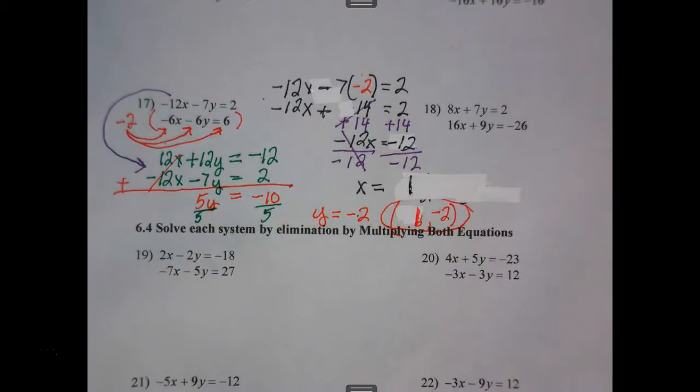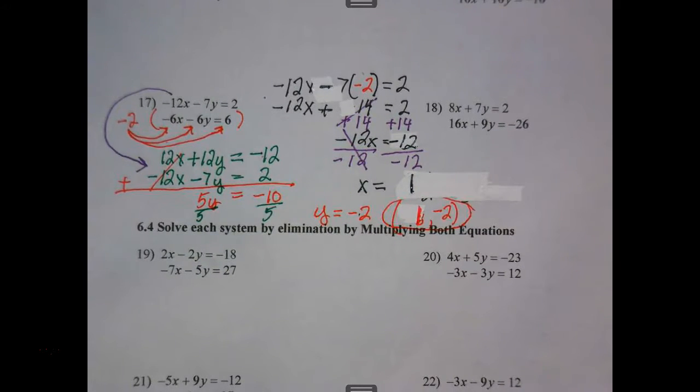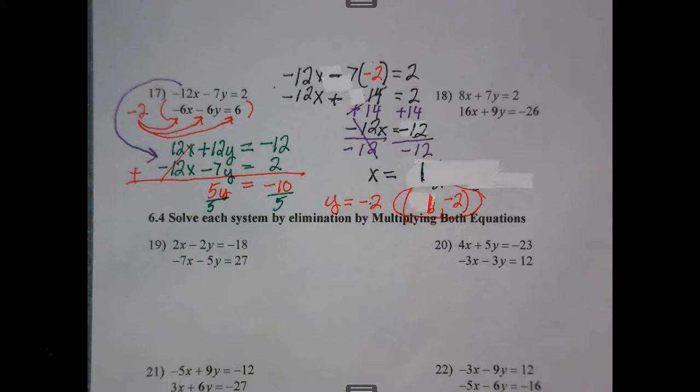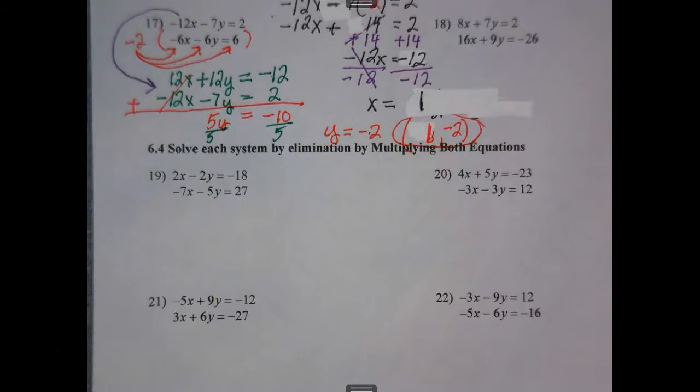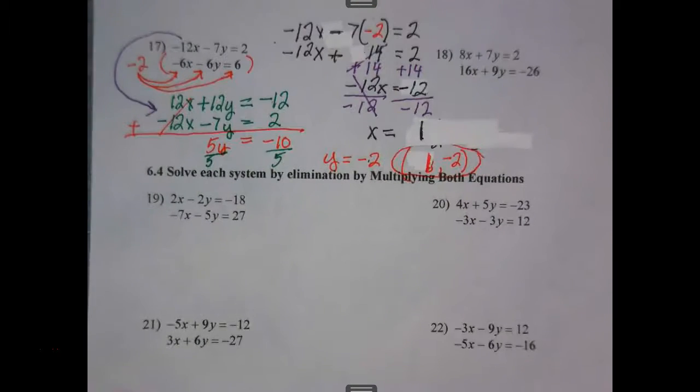And then the second part of 6.4 was the hardest, because you had to choose both equations and multiply by numbers. This was hard because it was just really hard to figure out what numbers to multiply by.